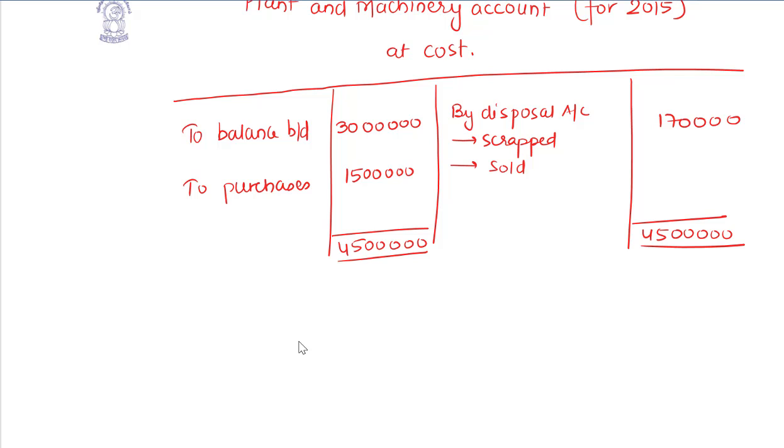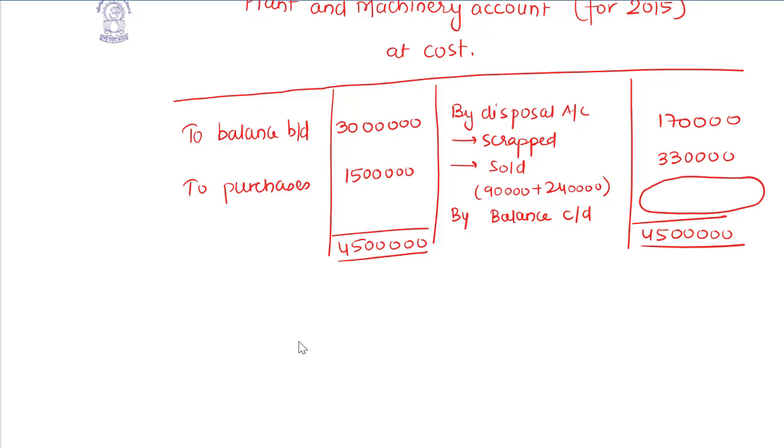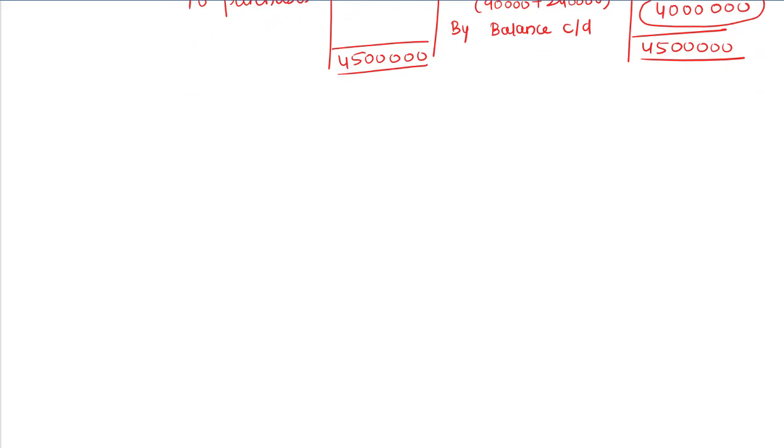Sold: there are two categories, 90,000 and 2,40,000. So that is 3,30,000. By balance carried down, 45 lakhs minus 3,30,000 minus 1,70,000. This is 40 lakhs.